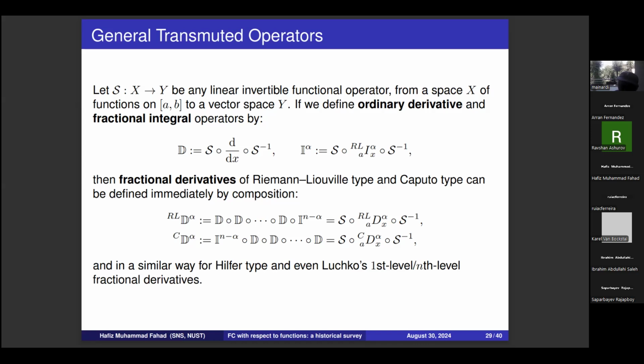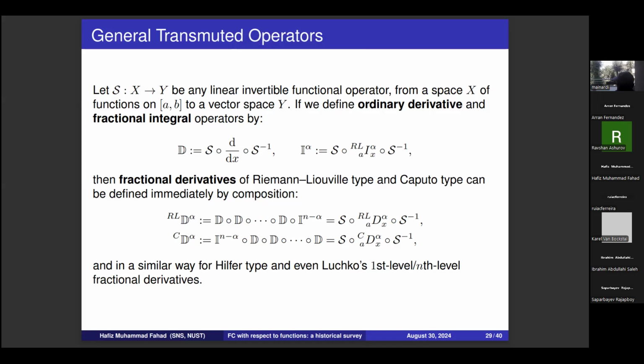In the case of, let's say, the Riemann-Liouville fractional derivative, the Riemann-Liouville type fractional derivative is in fact the n-times composition of the differential operator of order 1, composed from the left with the fractional integral of order n minus alpha.